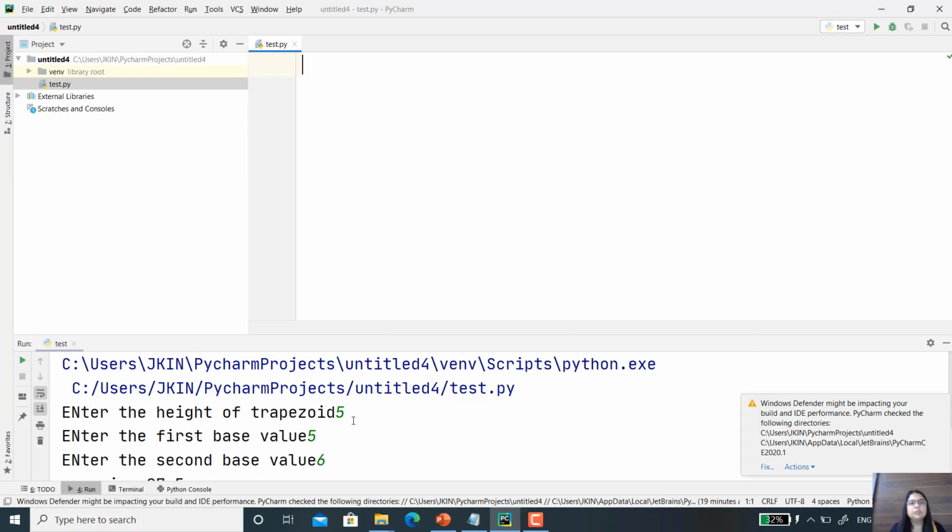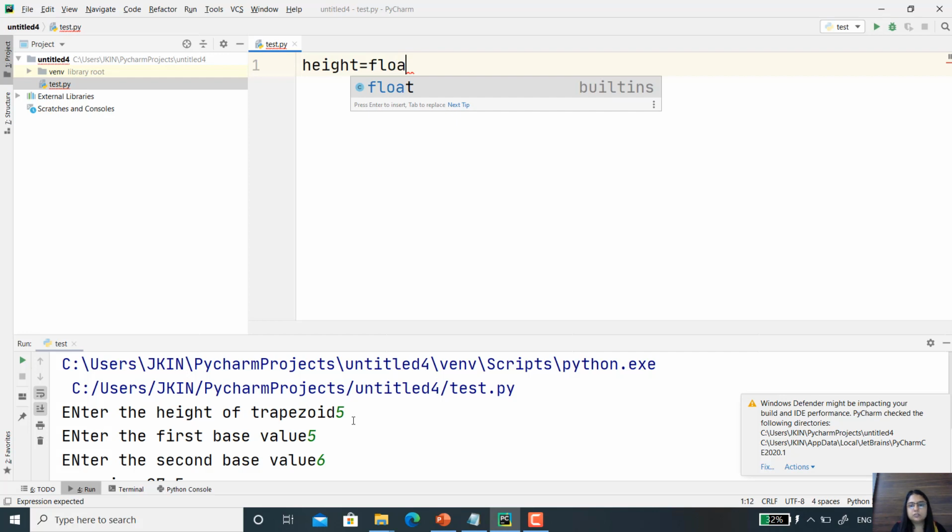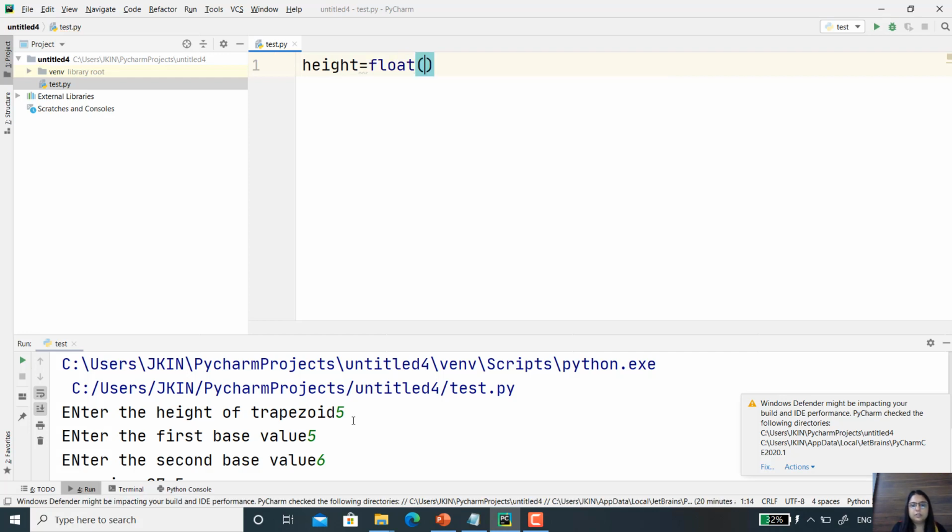So here we know that the user will enter two things. One is the height. So it's a float. Here input, enter the value of height of a cylinder. So I'm writing only height.